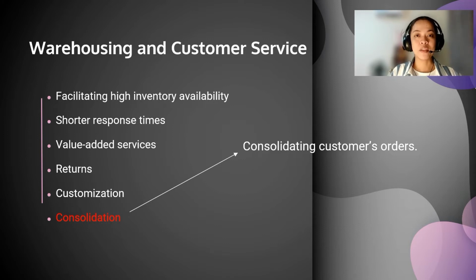For example, if you order a notebook and a pen from a mail order company, rarely would you want the pen showing up one day and the notebook showing up another day in another package. For items to show up at the same time in the same package, they most likely need to be housed in a warehouse.